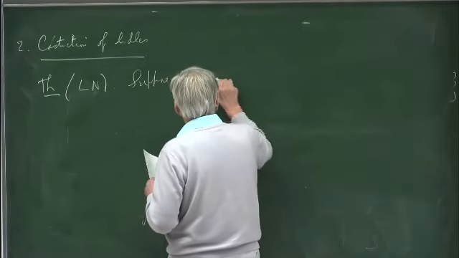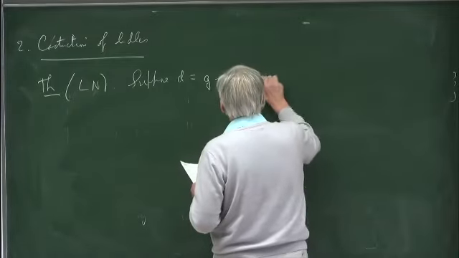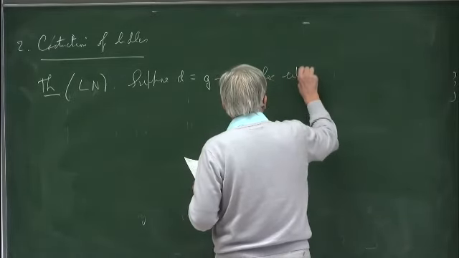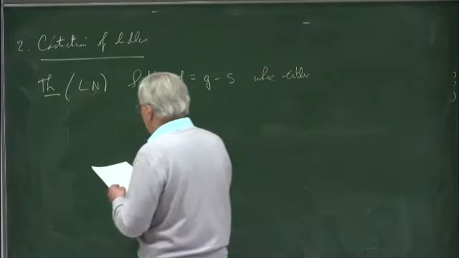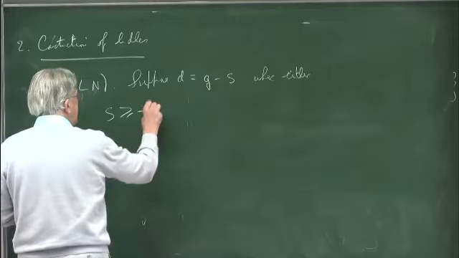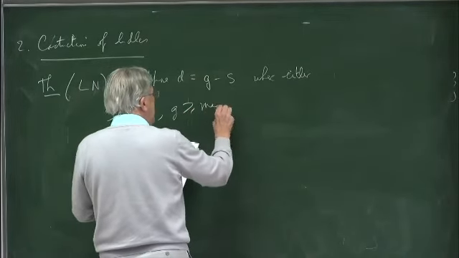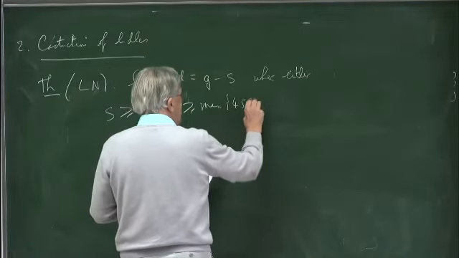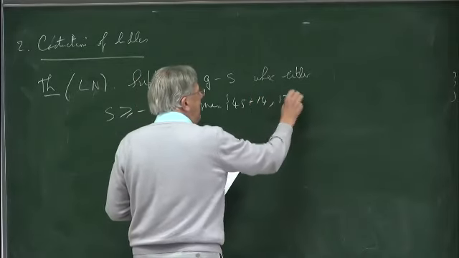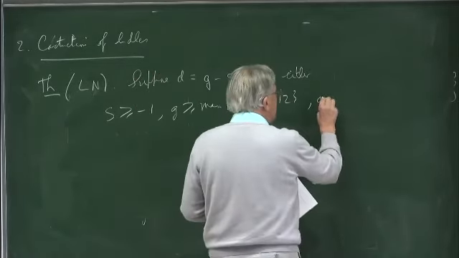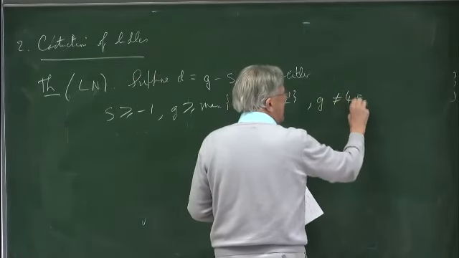Suppose D equals g minus s, where either s is greater than or equal to minus 1, g is greater than or equal to the maximum of 4s plus 14 and 12, and g is not equal to 4s plus 16.